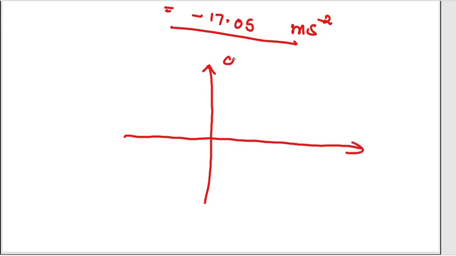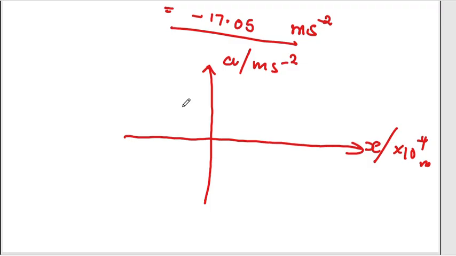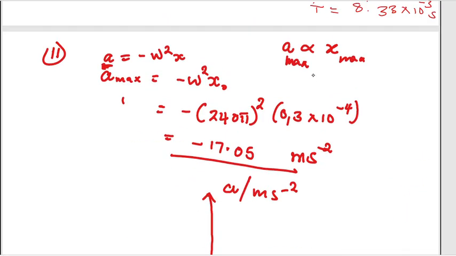So I want to plot the graph of acceleration versus displacement, and the displacement is going to be times 10 to the power minus 4 meters, and our acceleration is going to be in meters per square seconds. From this relationship, acceleration and displacement are directly proportional. Once we say they are directly proportional, it means that the graph is going to be a straight line that passes through the origin.